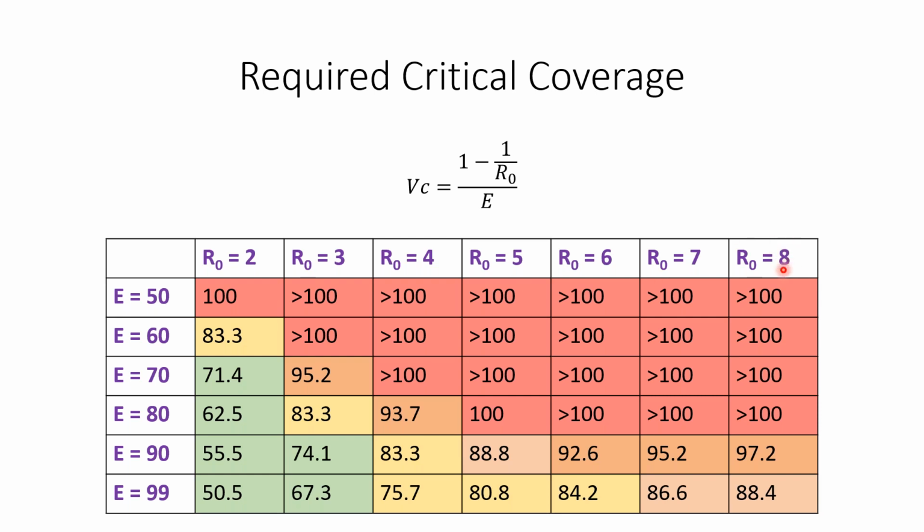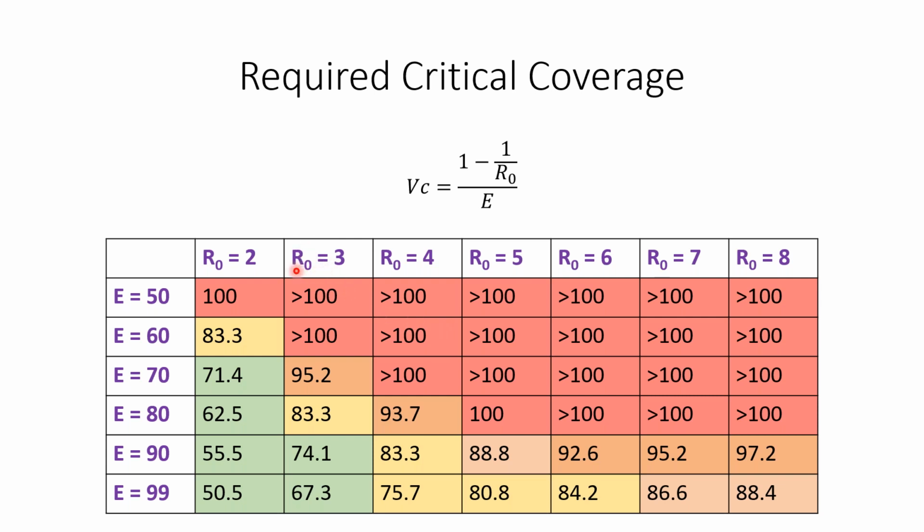So if the R naught is extremely high, we need near 100% vaccine coverage in vaccines which have an efficacy of up to 80%. And even if the vaccine has an efficacy of 99%, if the R naught is 8, that is, the disease has very high potential to spread, 88.4% of the population would need to be immunized.